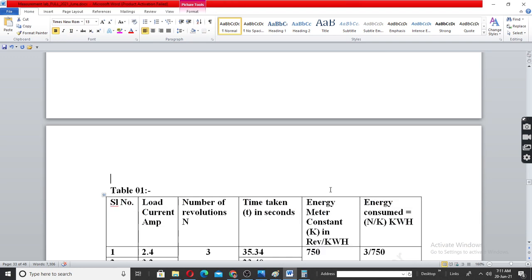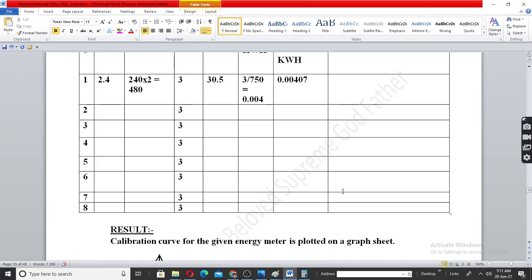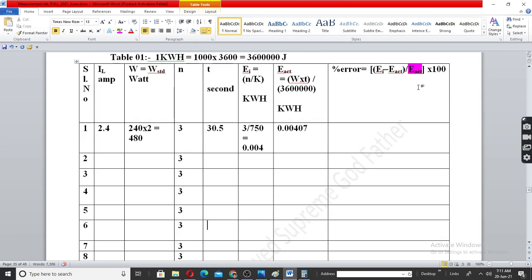So in the energy meter experiment, I have written E actual.